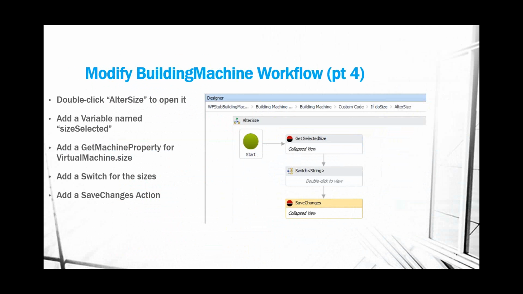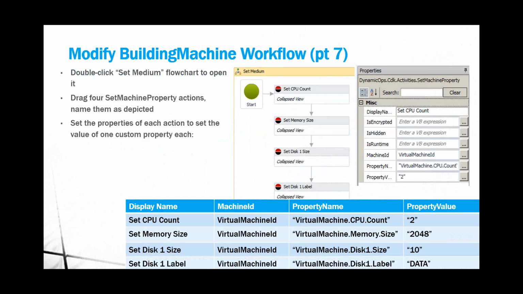We can copy this workflow then from medium to the small and large activity areas and make those modifications. So again, those properties that we determined earlier for our sizes, 1 CPU, 1 gig of RAM, and 4 CPUs, 4 gigs of RAM, for example. All of this is set in here.